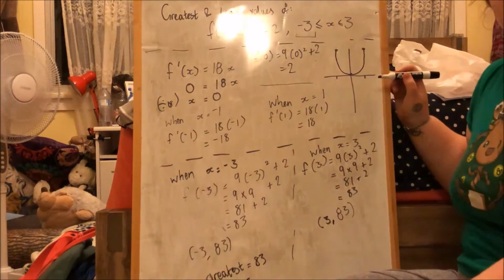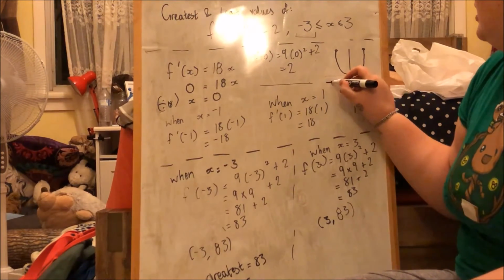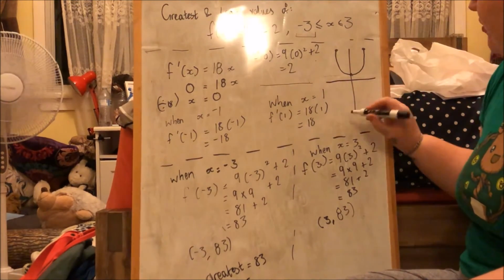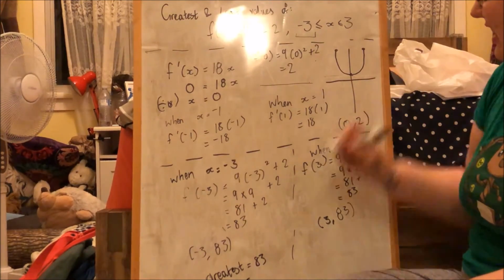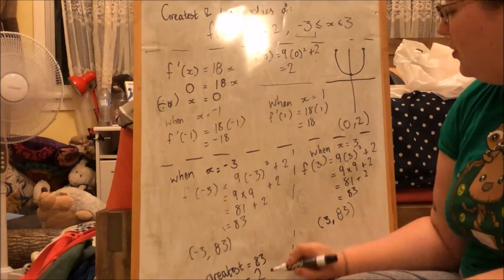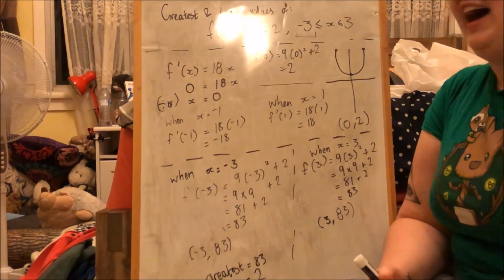The coordinate of our stationary point is 0, 2. So our least value on this curve is 2, and our greatest value on this curve is 83. And that is that done.